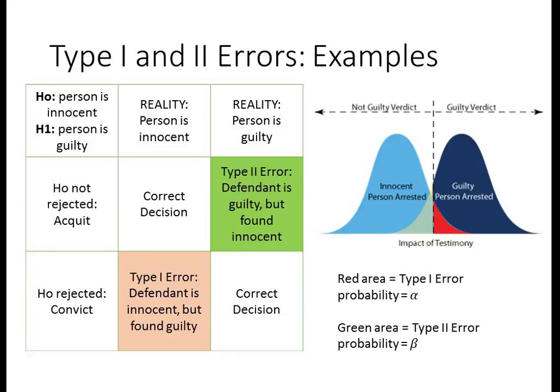So we have two correct decisions when innocent person is found innocent, or when guilty person is found guilty, but we have also two combinations that are false conclusions. So person is innocent but found guilty, or defendant is guilty but found innocent.